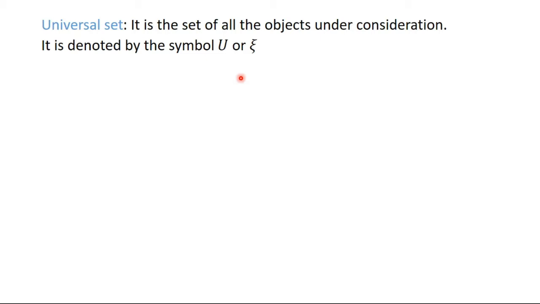Let's say that we ask you to list prime numbers. We know that the set of prime numbers belongs to a bigger set, which is the set of numbers. So the bigger set is called the universal set. Another example is this. Let's say we tell you to list a set of red flowers.